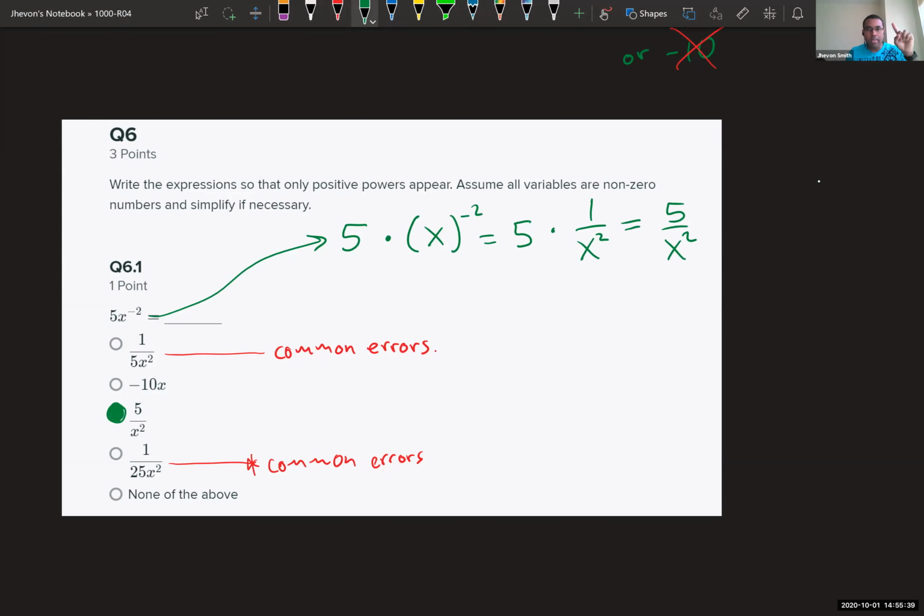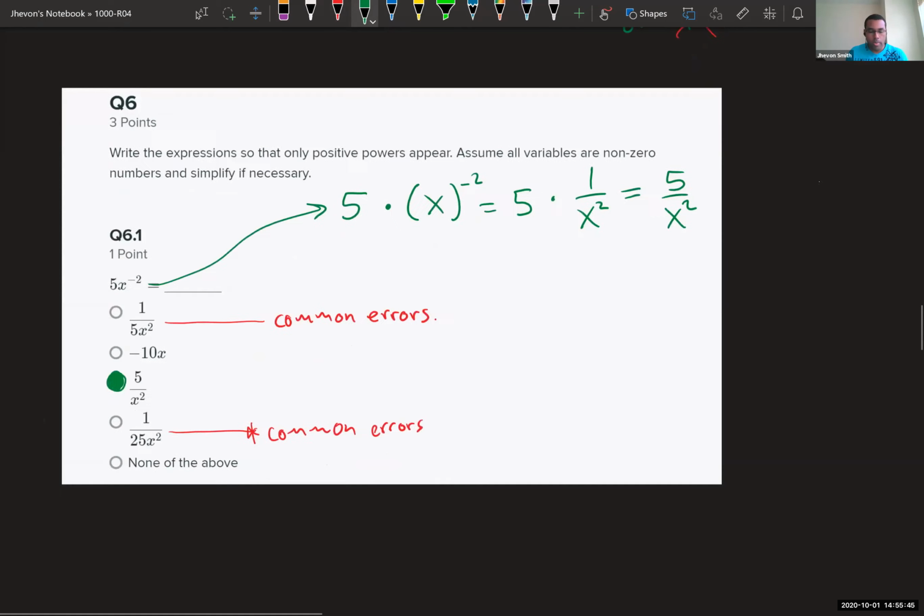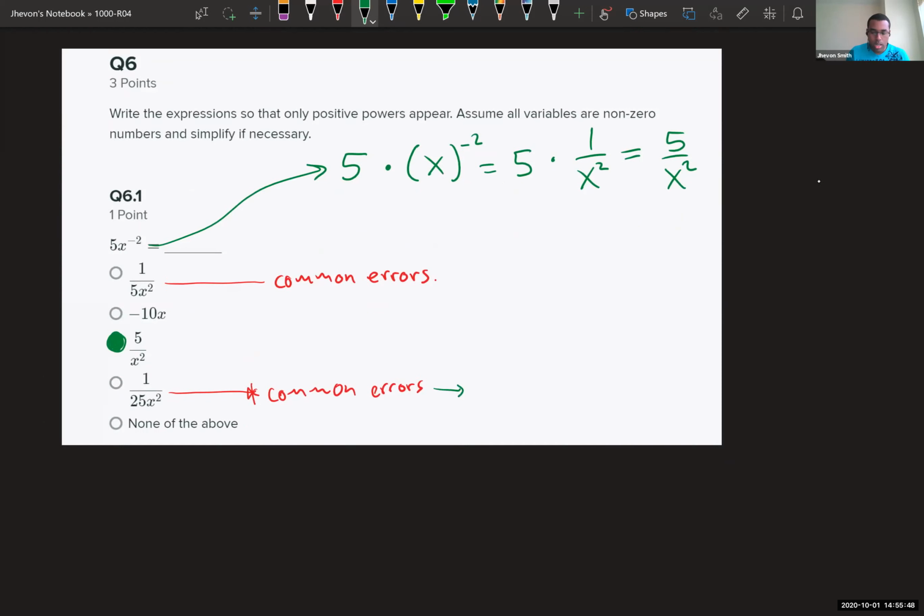To actually move the 5 into the denominator, what you're saying is that the negative power influenced the 5, which it doesn't. Something like the last one would actually be if I had 5x in parentheses to the minus 2. And so that would be 1 over (5x) squared, and that would be 1 over 25x squared, right? So the lack of parentheses tells you that the 5 should be left alone.